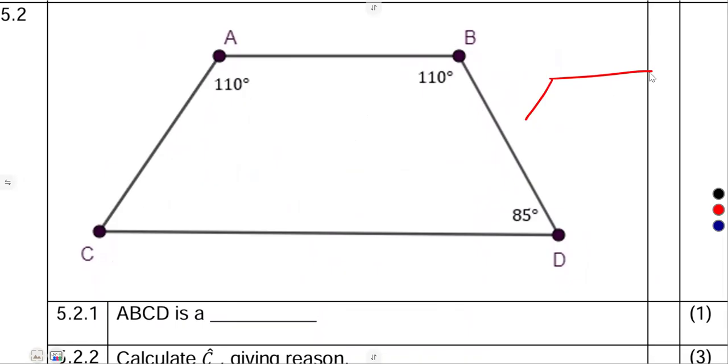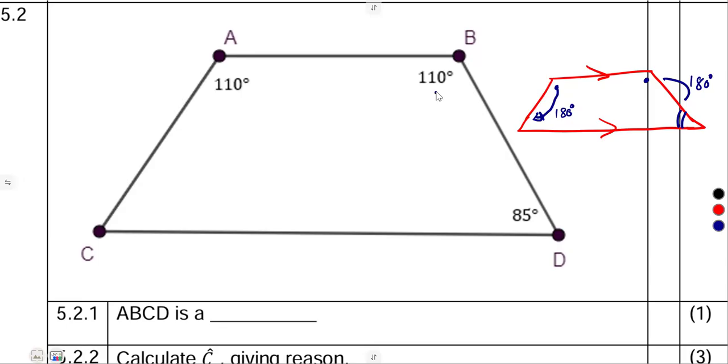Remember, a trapezium, we said it is only one pair of parallel sides. So that makes this angle, when added to this angle, to give us 180 degrees. For those parallel sides, co-interior angle, this angle, when added to this angle, you must get 180 degrees.